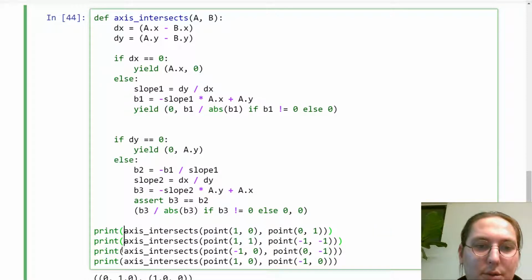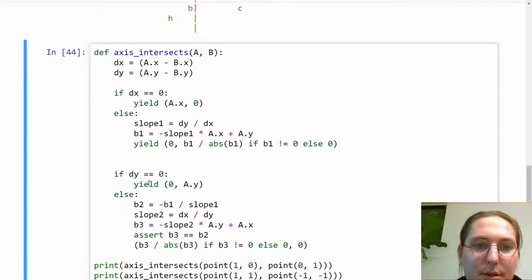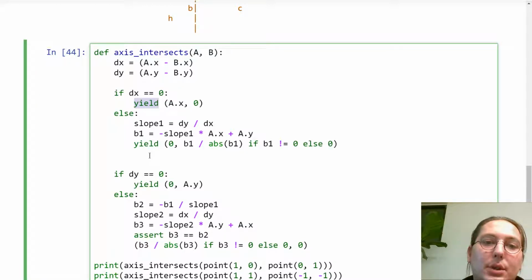Now we have the issue that we want to, yeah, I guess the yield is all fine and well. Let's just do 2 points.